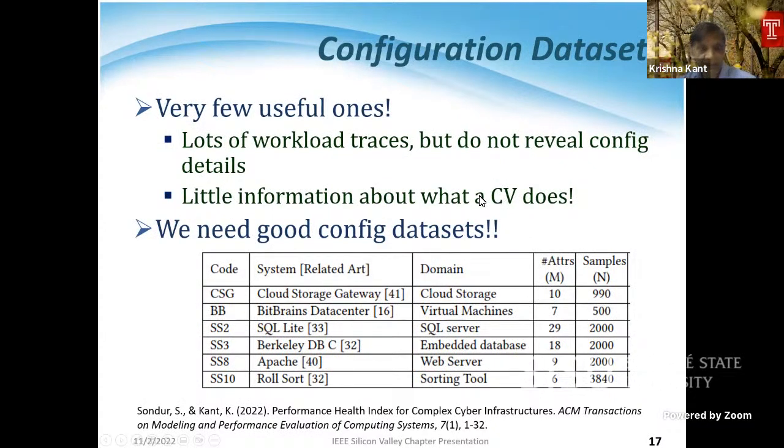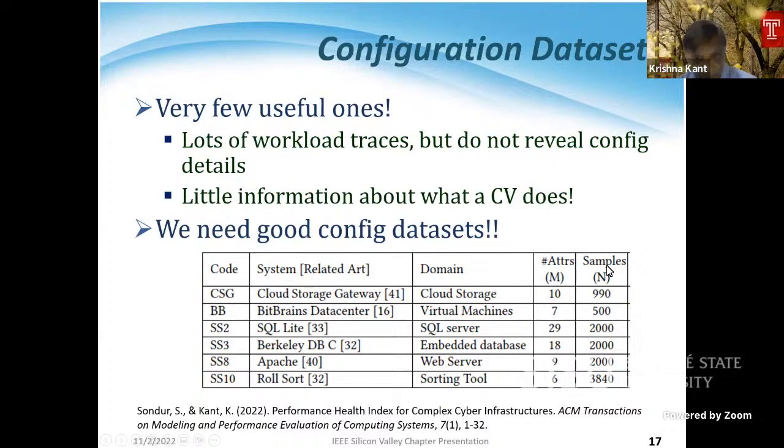However, the problem is that it's hard to get a lot of data. In fact, we had a good set of data by using our own experimental setup, which took several months to put together.